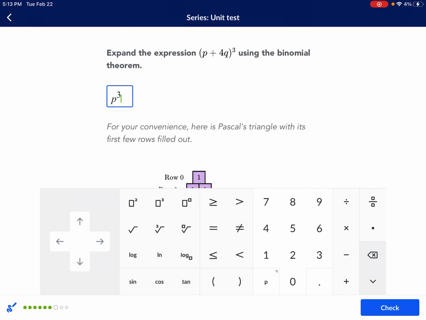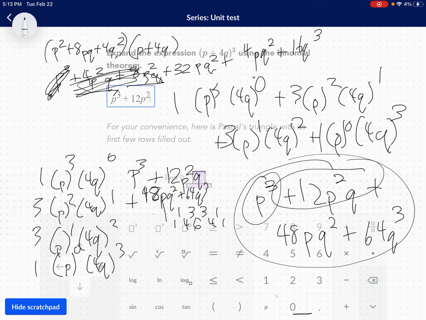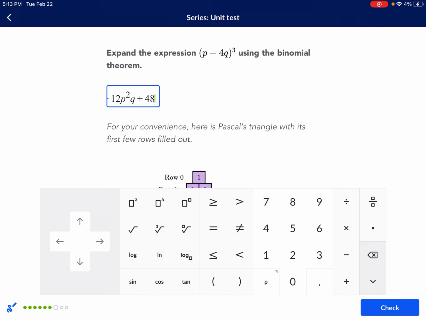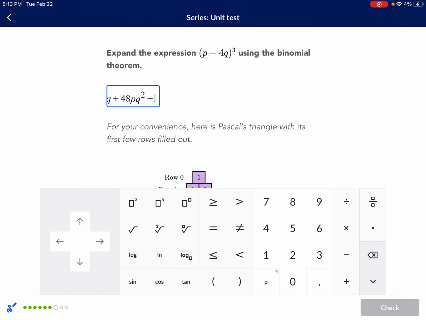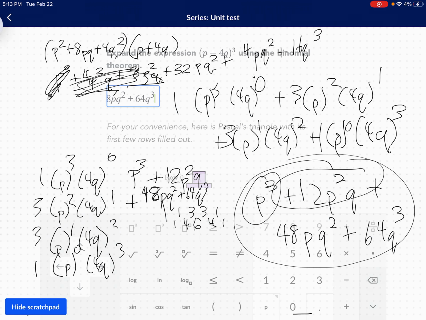P to the third plus 12P squared Q plus 48PQ squared plus 64Q to the third. Okay. Oh well. Let's see, I guess.